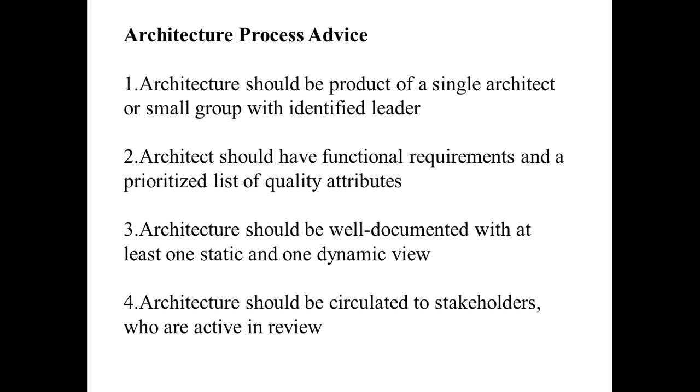Second, the architect should have the functional requirements and the prioritized list of quality attributes. Functional requirements refer to the different requirements that are gathered in order to develop the application.